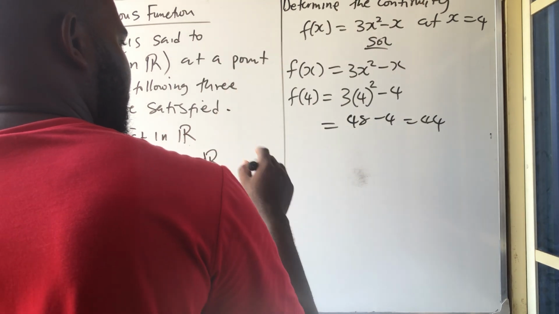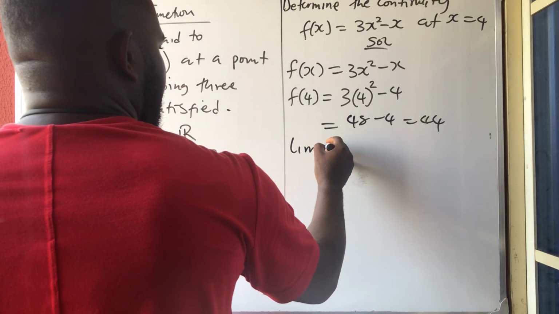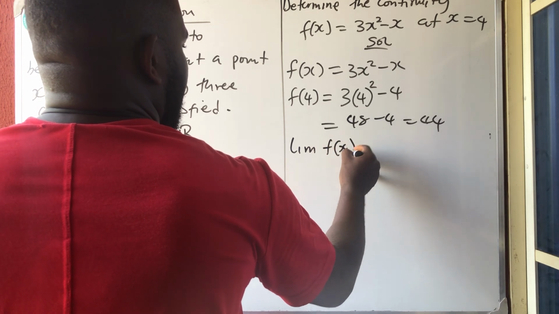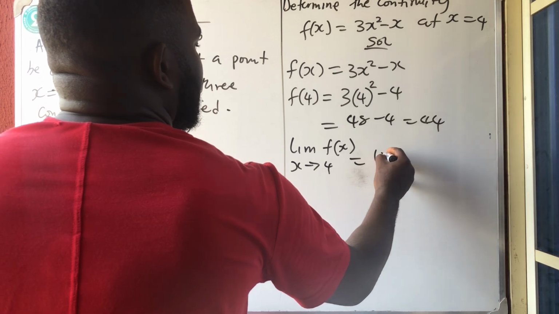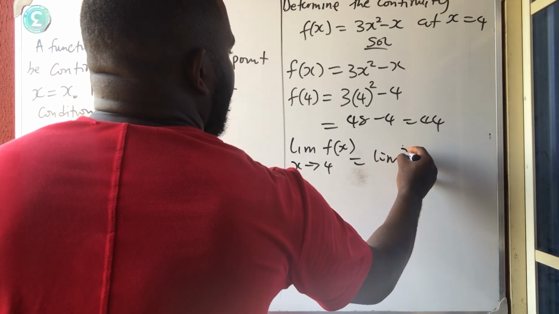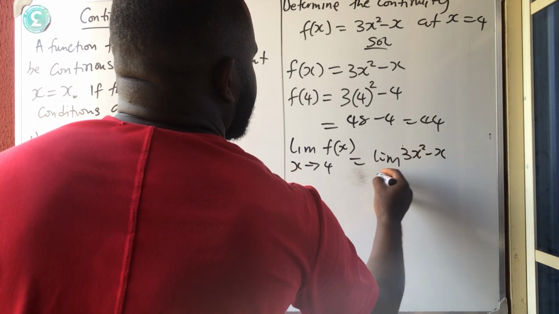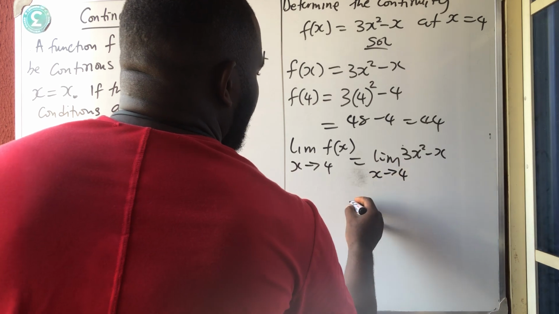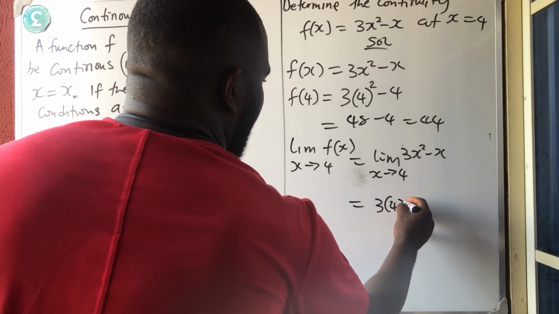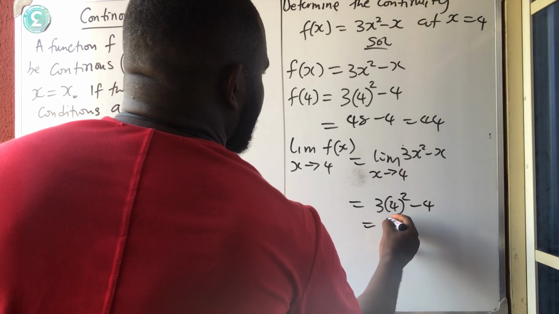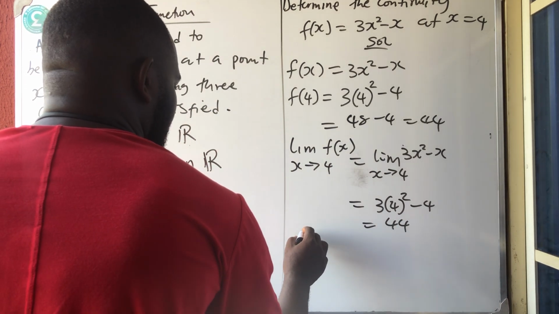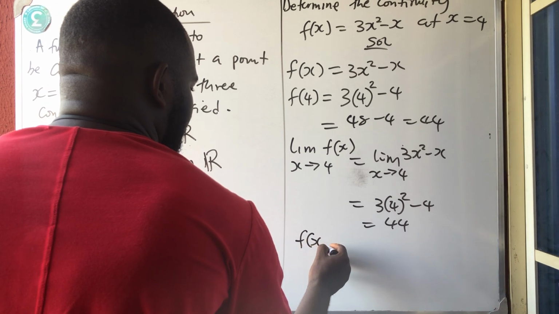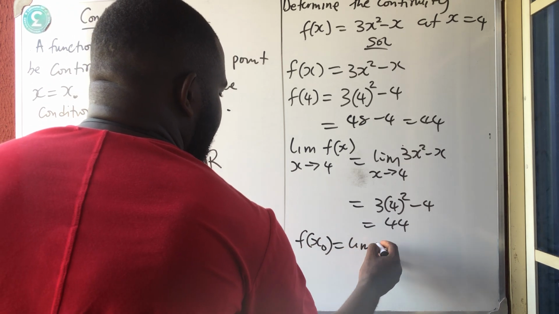The next thing we're going to get is the limit of f of x as x tends to 4, which is the limit of 3x squared minus x as x tends to 4, which is 3 into 4 squared minus 4, giving me 44. Now, the next thing we are checking is that f of x naught is the same as the limit.